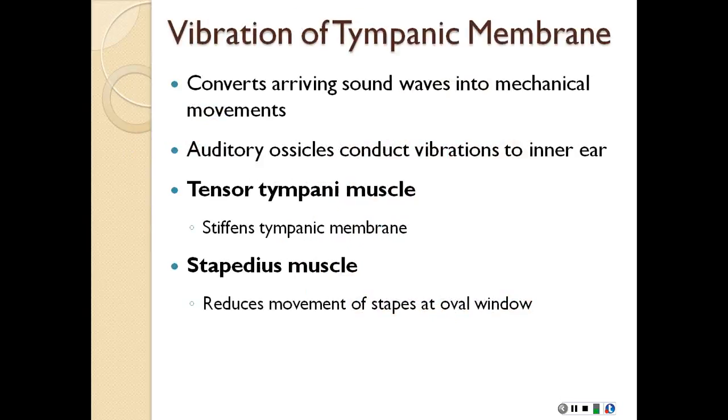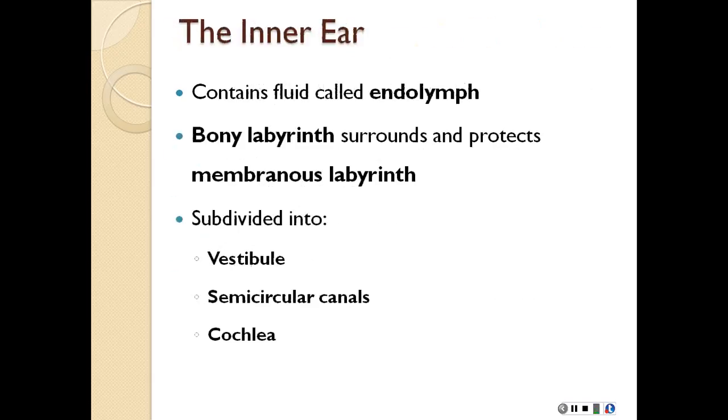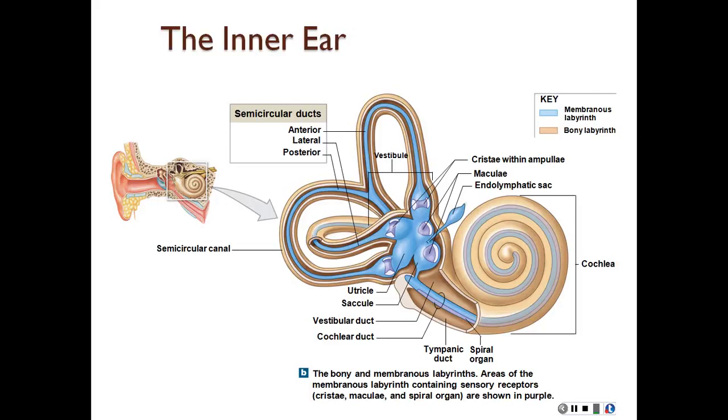And so it stiffens the tympanic membrane, reducing movement of the stapedius at the oval window. I hope I have a picture. So yeah, you see here the inner ear. In the inner ear, you have these spaces. That's why it's called the vestibule there, and then the cochlea as well.